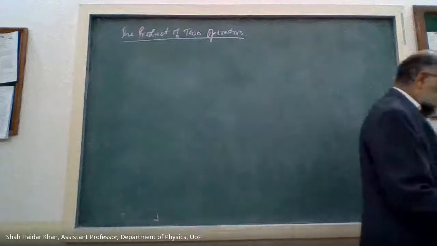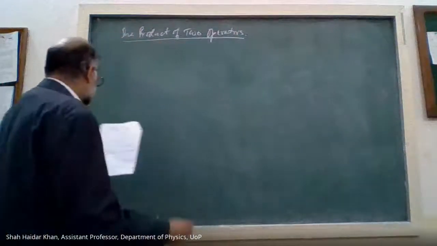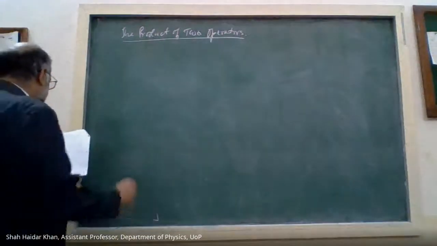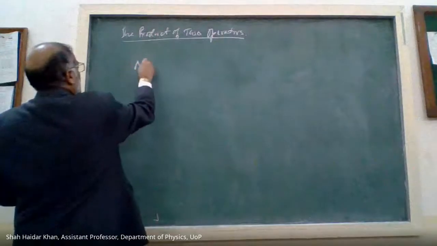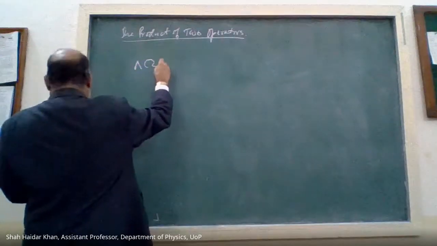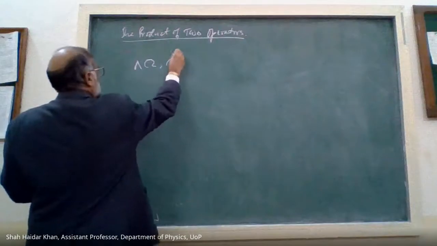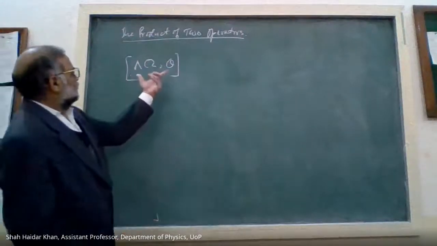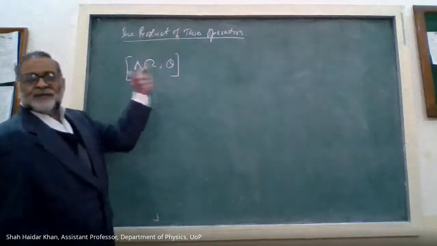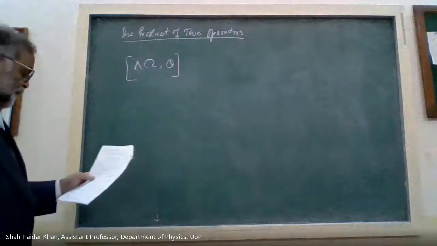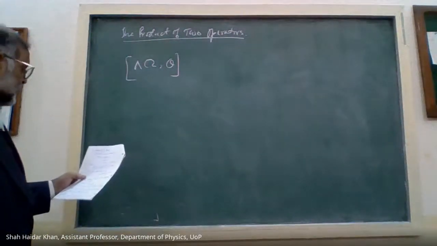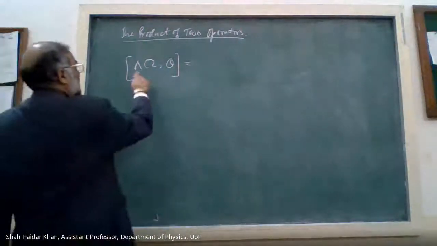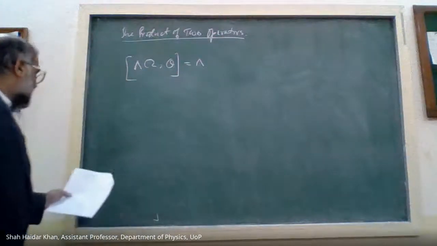Okay. So we would say if we have something like lambda and omega and theta, right? We have three operators and a commutator of these two such that the first is itself a product of two other operators. So we will take the first, right?